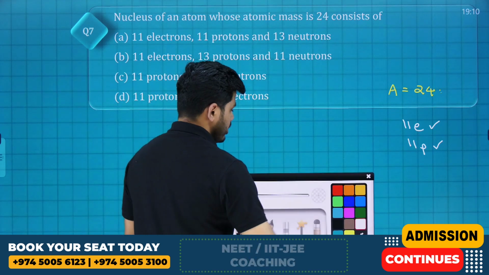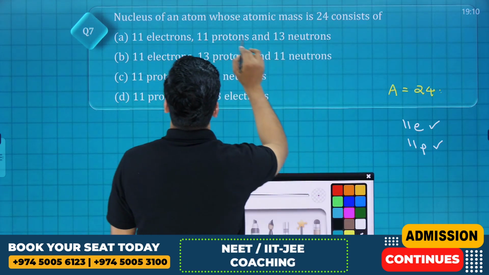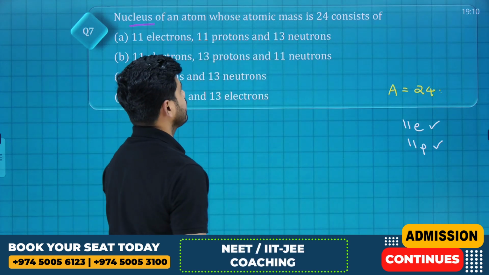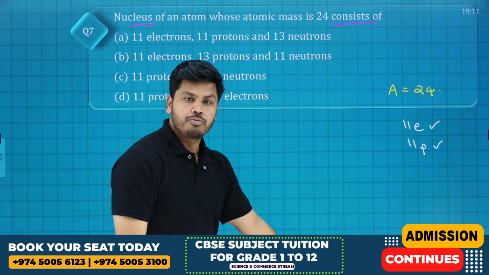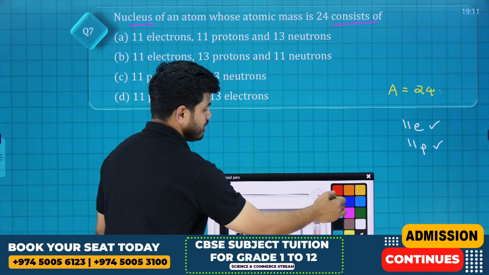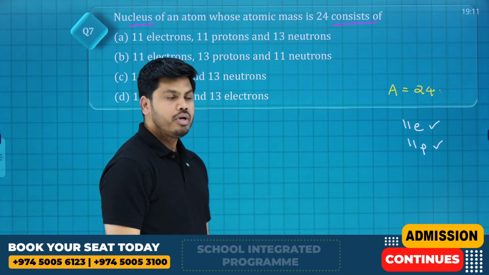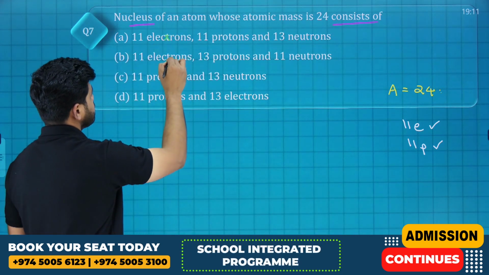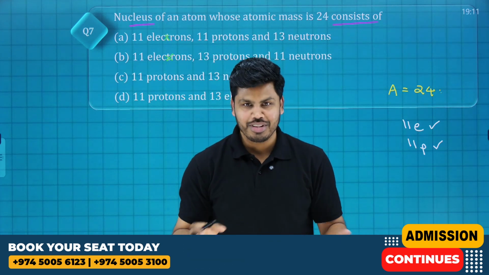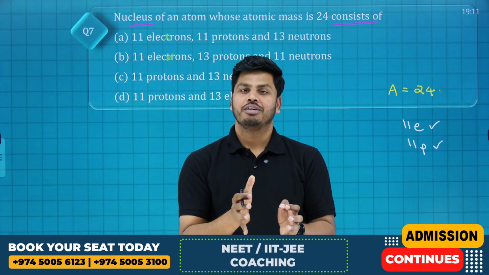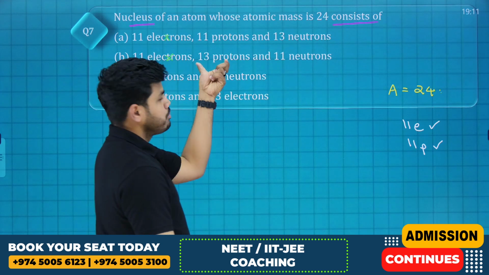But what are we talking about? We are talking about a nucleus. Nucleus of an atom consists of. So there itself we have a hint. Inside the nucleus, there are no electrons, right? No electrons possible. So the electron options we can strike off. There are no electrons inside the nucleus. We are not talking about the atoms. We are considering only the nucleus of a particular given atom.